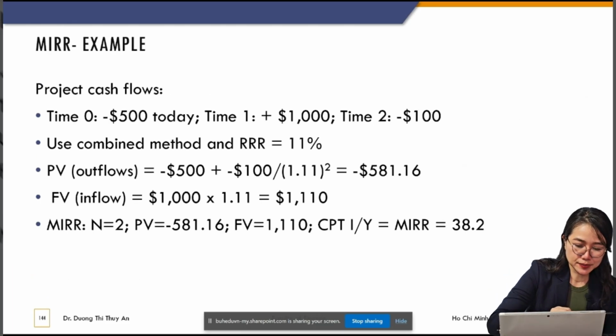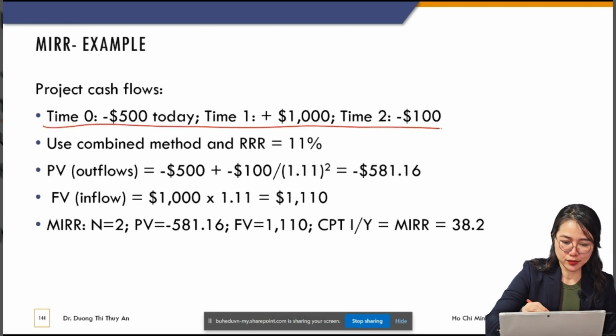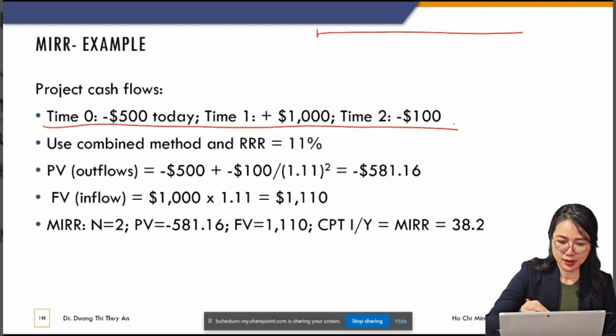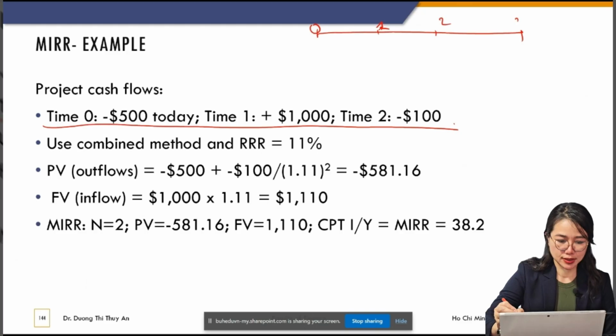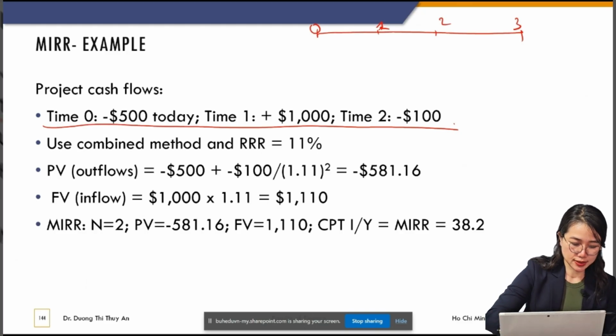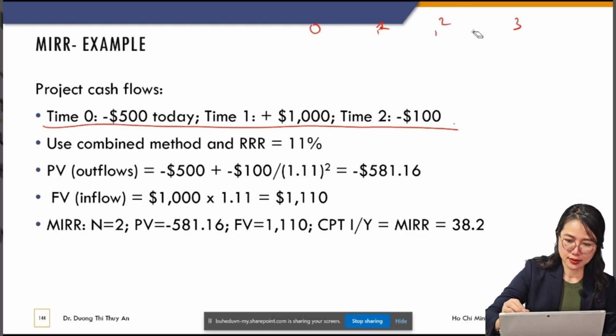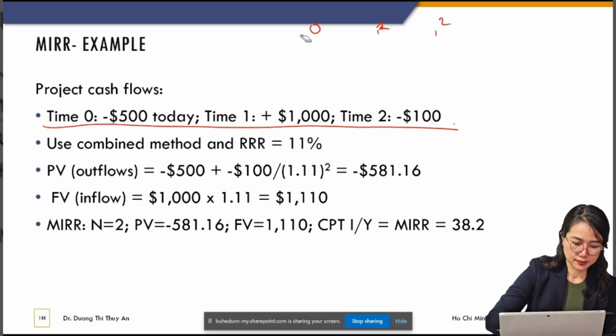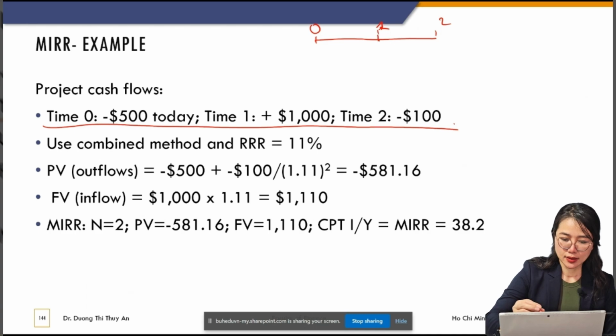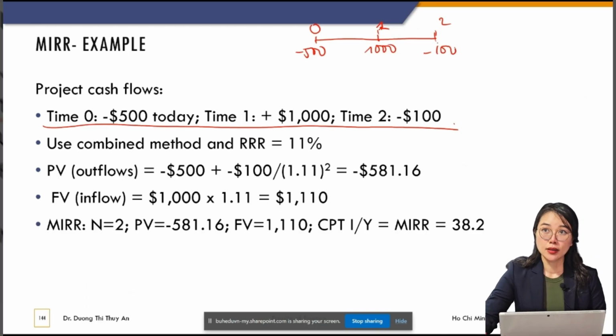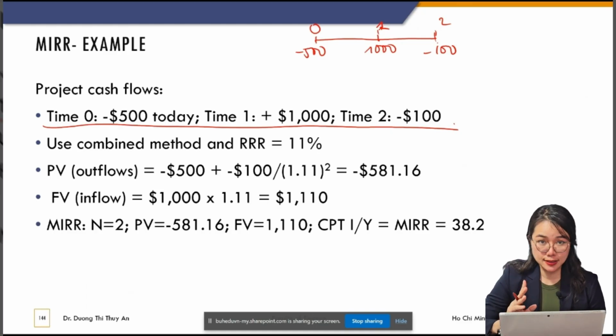Okay, so this is our project. I will draw out the cash flow. 0, 1, 2, and 3. No, we have only 2 years. Yeah, and you see there are 2 negative cash flows.